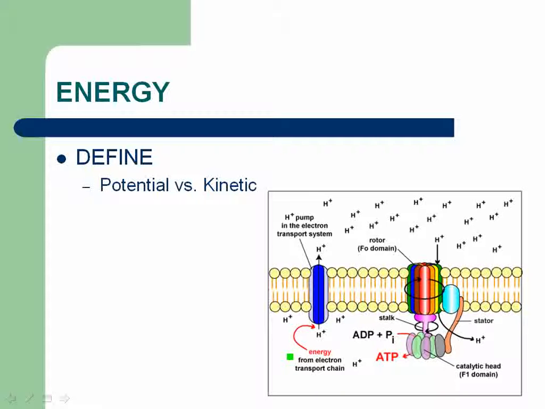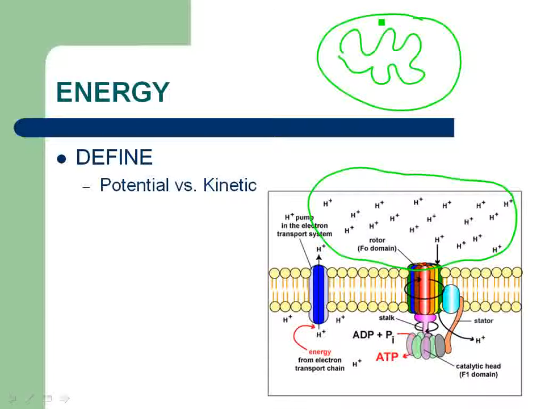Here in the picture, you see hydrogen ions concentrated on one side of the membrane. This is the membrane of a mitochondria, for example. If I drew a mitochondria, the hydrogen ions are concentrated in the area known as the intermembrane space.